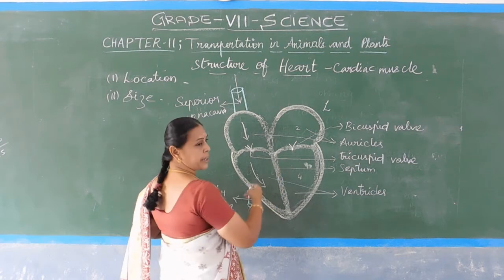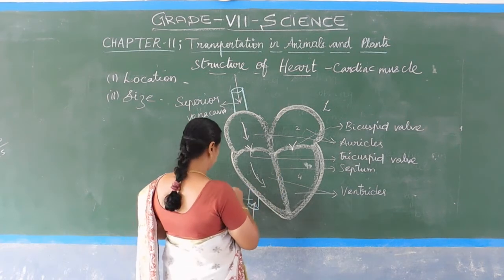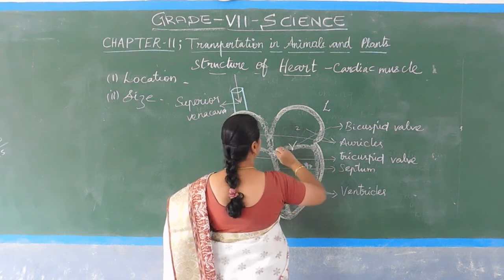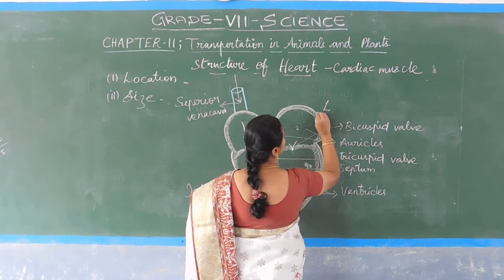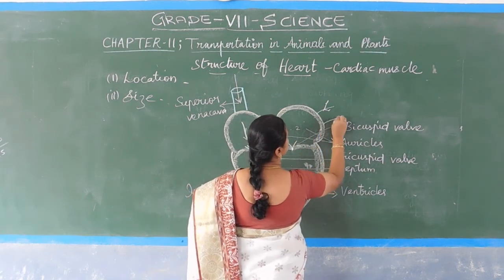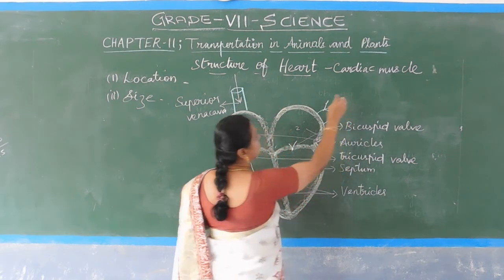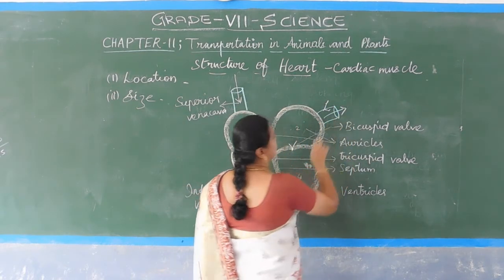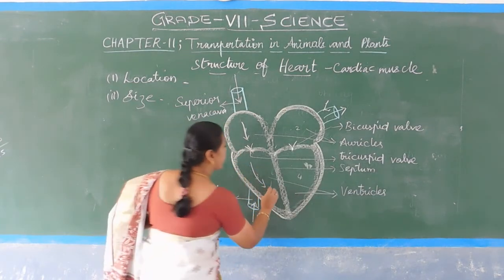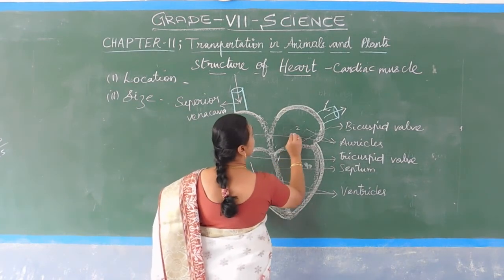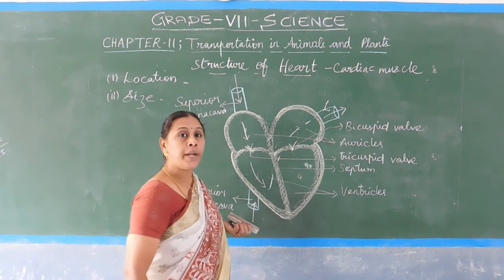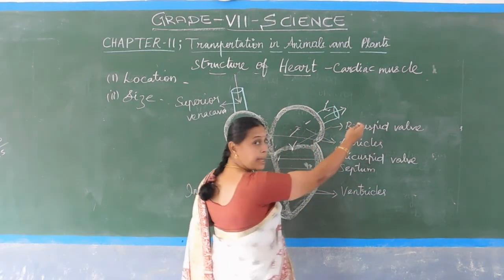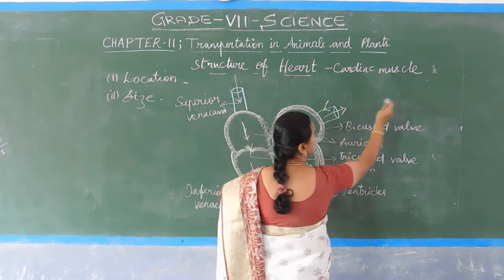From here it moves, and it enters into the pulmonary artery, which carries the carbon dioxide rich blood to the lungs.